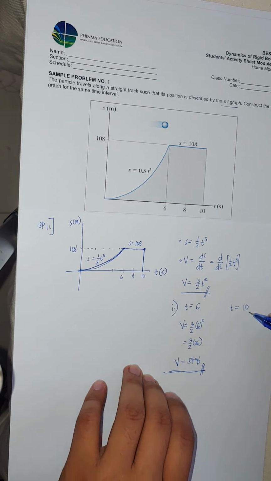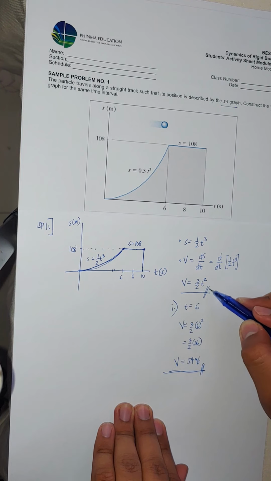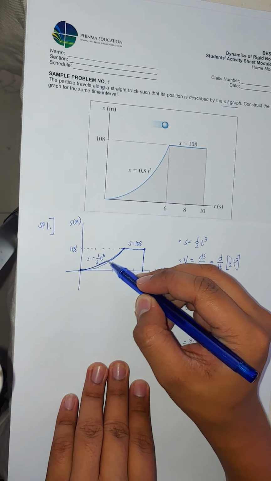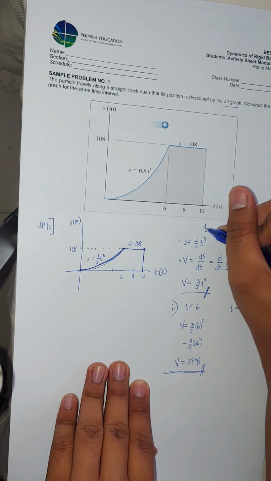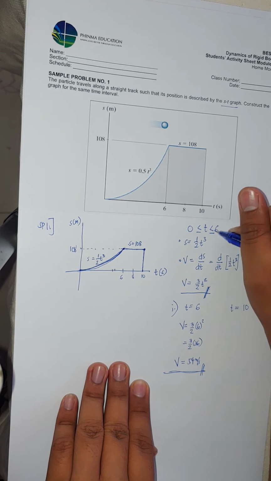So at time equal to 10, what equation will we use? We should not use this equation, because this is from this curve, for the time interval from 0 seconds to 6 seconds.